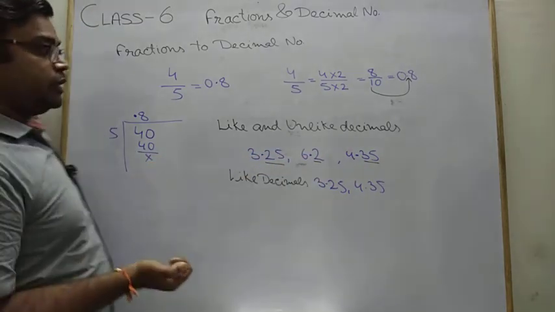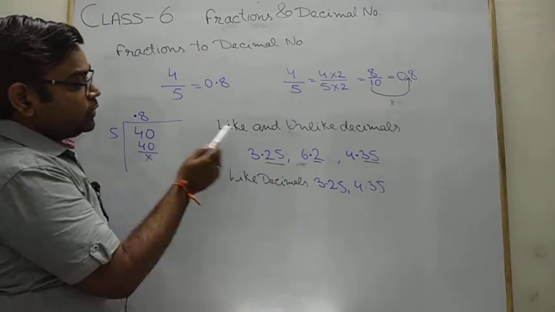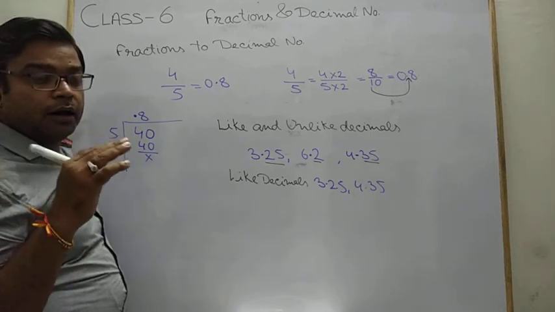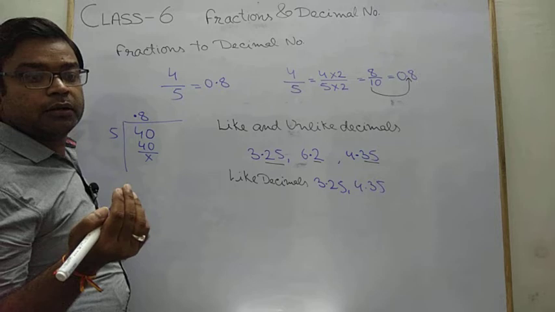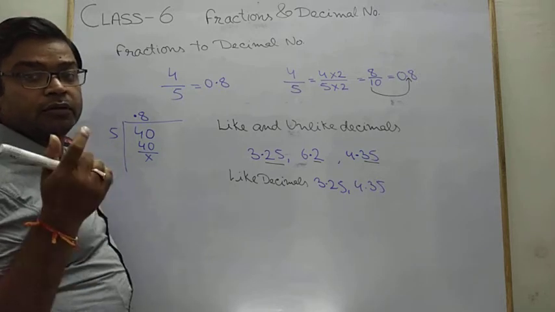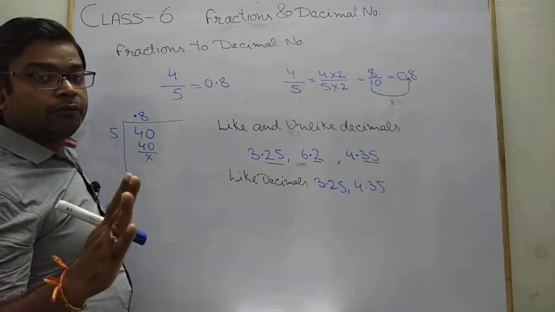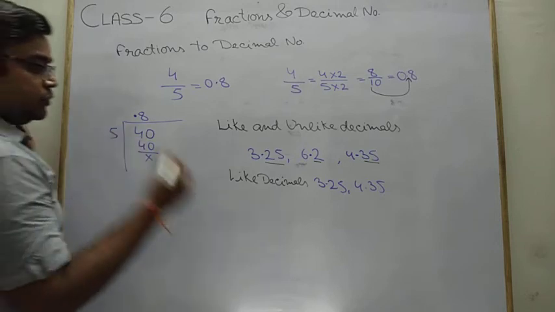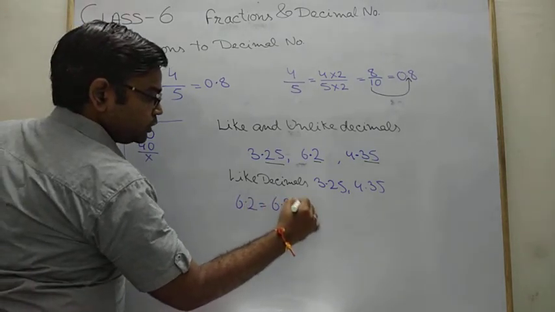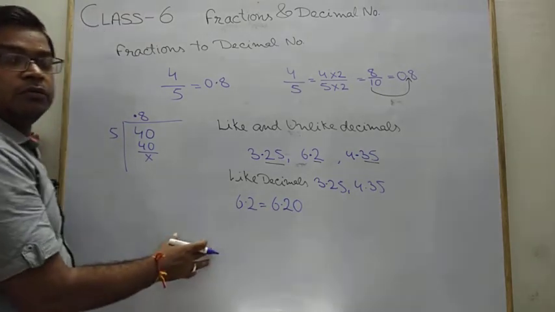Now next is how you convert unlike decimals into like decimals. Always remember that if a number ends with 0 after the decimal, then there is no change in value. For example, if I write 6.20 instead of 6.2, both have equal value, there is no change.